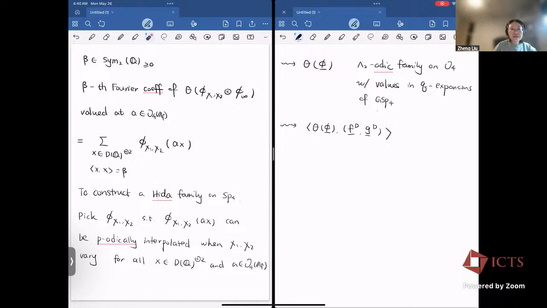Because this O4 is definite, there is a well-developed theory of taking the Petersson inner product for families. Once I do this, this will give me a Lambda-adic family of Q-expansions of GSp4.